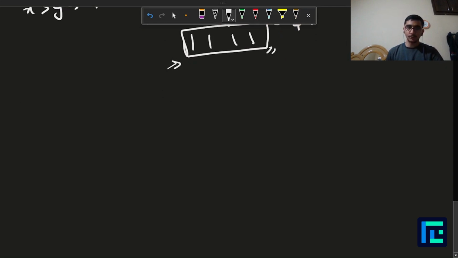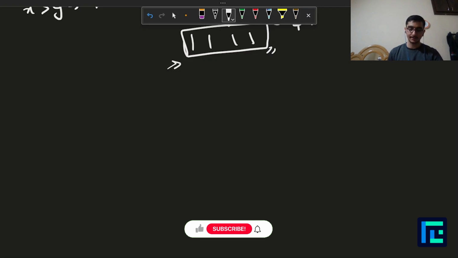Now, let's move on to the expected time complexity. It was mentioned in the question that there is no bound on n over all test cases. So we would have to write our time complexity as O of t into some function of n.